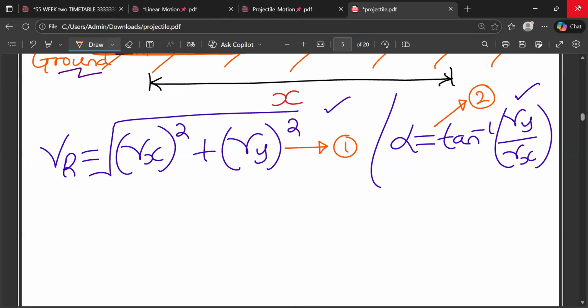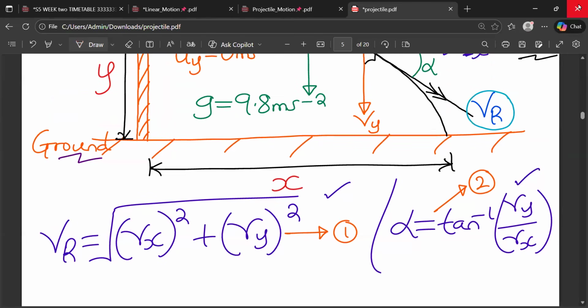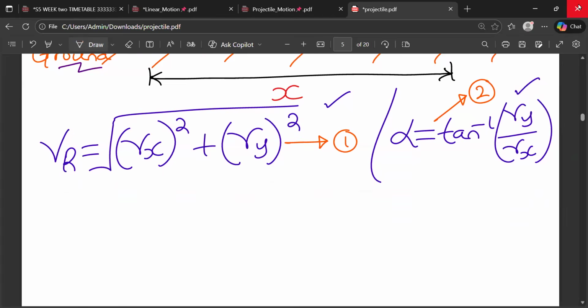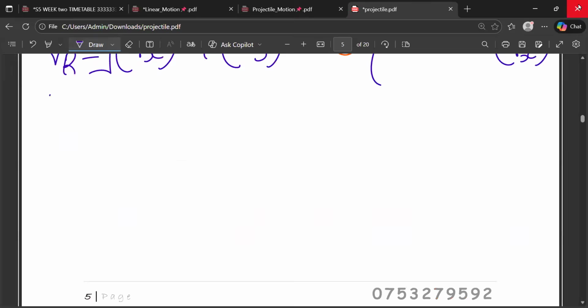So those two equations are just the same as those of forces. Nothing much changes. Now, I want to begin with the horizontal motion. There are things you're supposed to take note of.